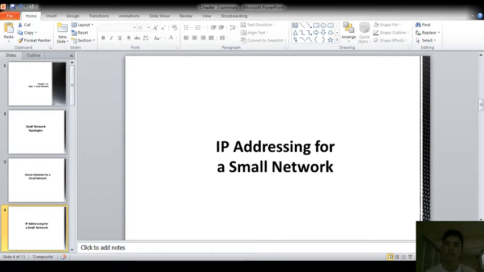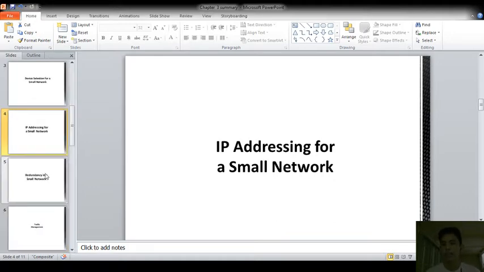It also should be documented and maintained. Address space documentation can be very useful when it comes to troubleshooting. Address planning is also very important in terms of controlling resource access. So that's all about the IP addressing for a small network.